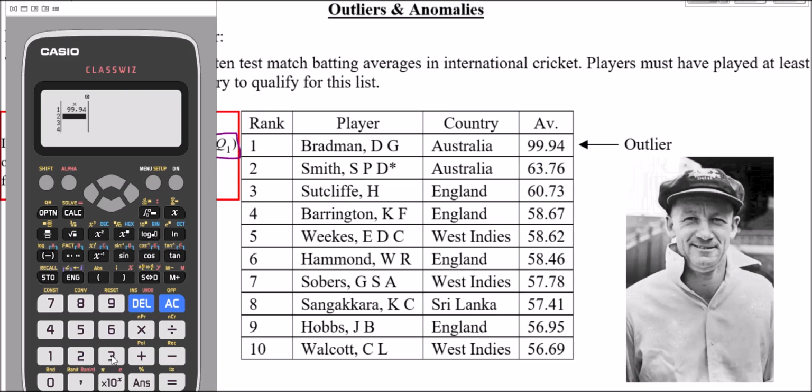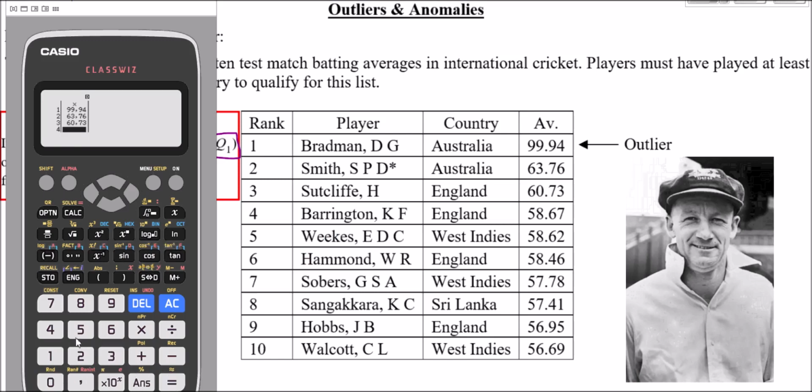Press equals, and 63.76 for the other one. This player here is currently playing, hence the asterisk. He's Australian and has got an incredibly decent average so far, 63.76. Then Sutcliffe of England, 60.73.